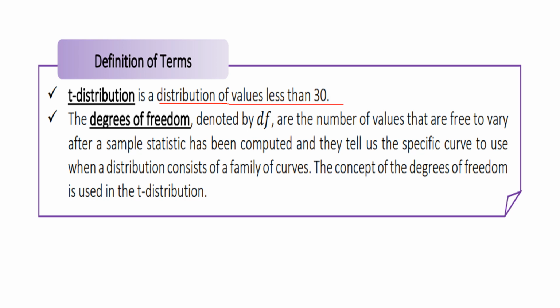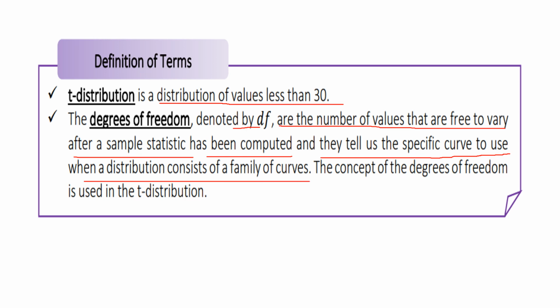The degrees of freedom, denoted by df, are the number of values that are free to vary after a sample statistic has been computed, and they tell us the specific curve to use when a distribution consists of a family of curves. The concept of degrees of freedom is used in the t-distribution. We cannot use the t table without the degrees of freedom.